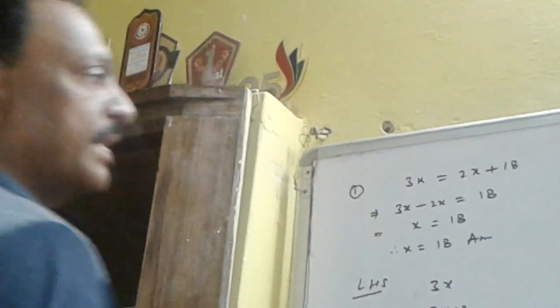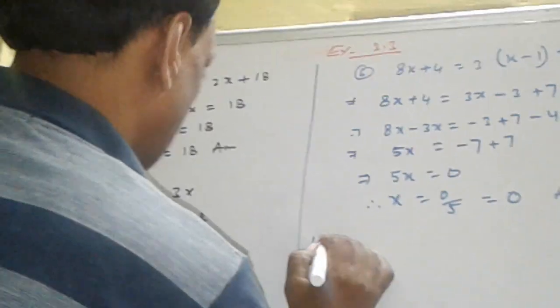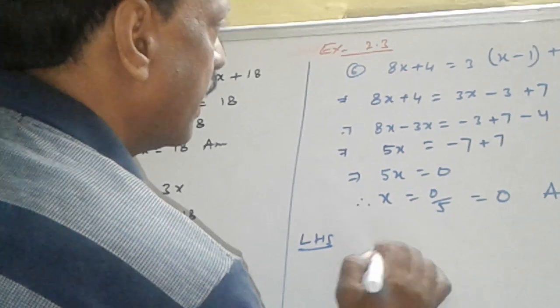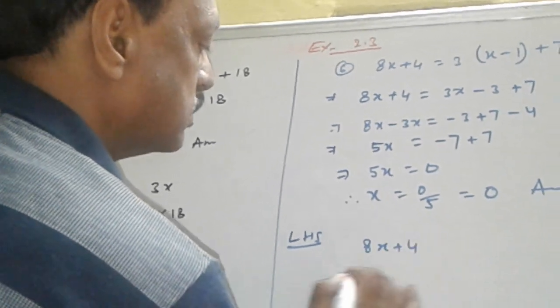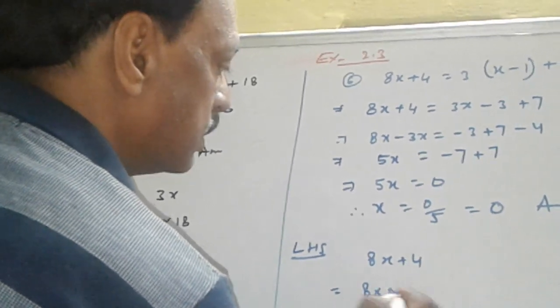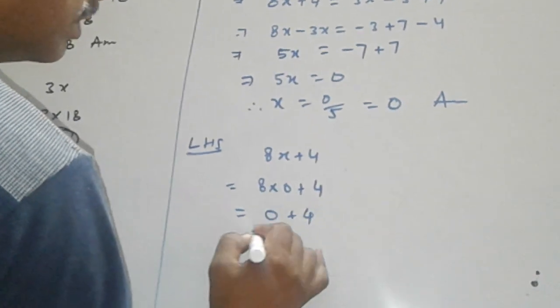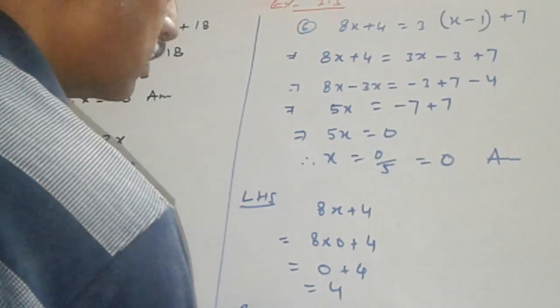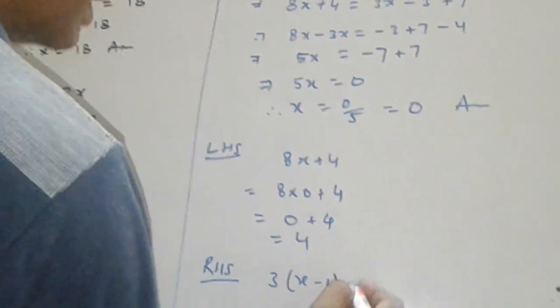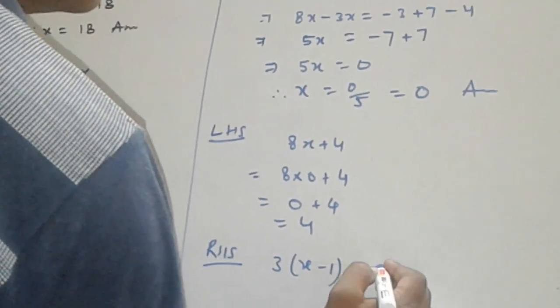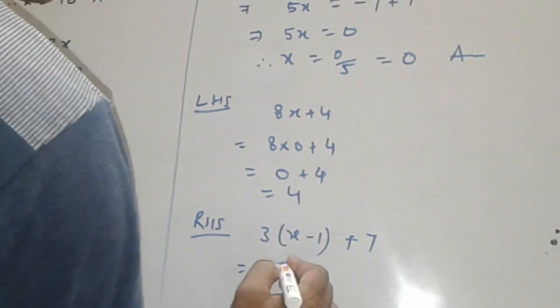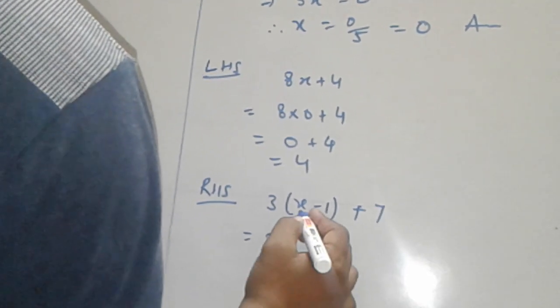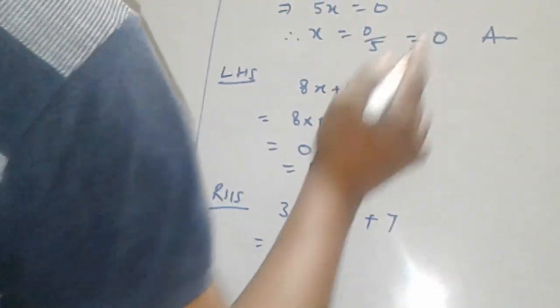Now we will put this value. So LHS 8x plus 4. 8 into 0 plus 4. So 0 plus 4 equal to 4. RHS: this one 3 into x minus 1 plus 7. So 3 into the value of x is what? 0.